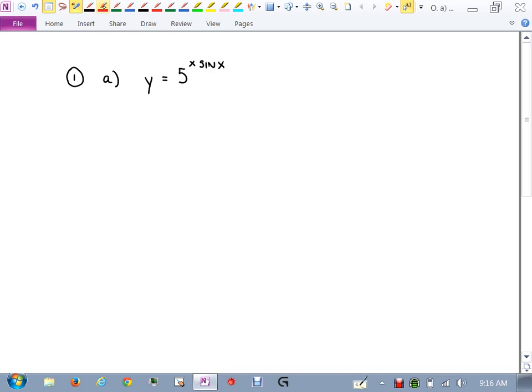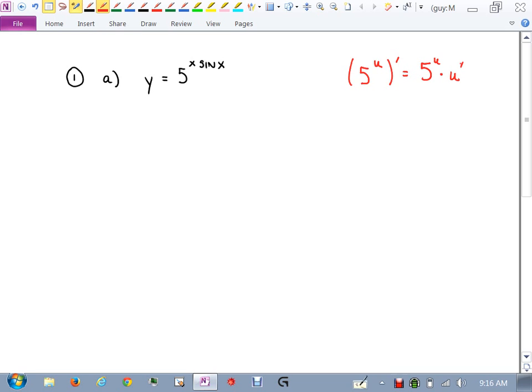So the question becomes, what is the derivative of 5 raised to something? I'll call it u. On your formula sheet you have this, but hopefully over time you've come to realize that the derivative of exponential functions is itself, but then chain rule says times the derivative of what was up there.